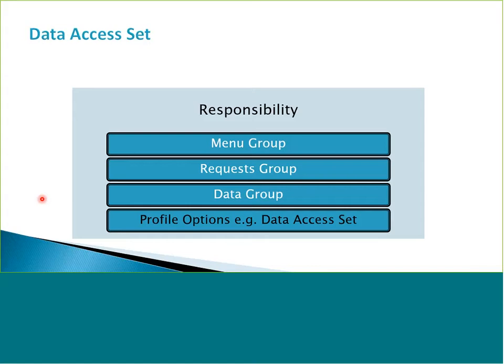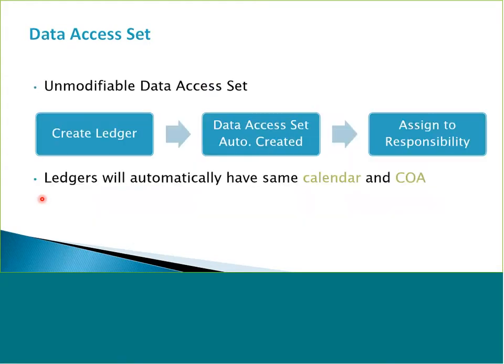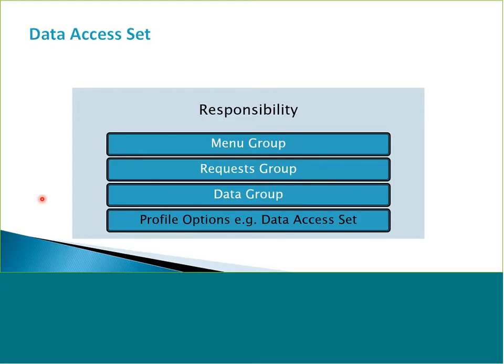And then there's a data group, which dictates how we are able to connect to the database. And then finally, in order to access our ledger, we provide the data access set at the profile options screen.